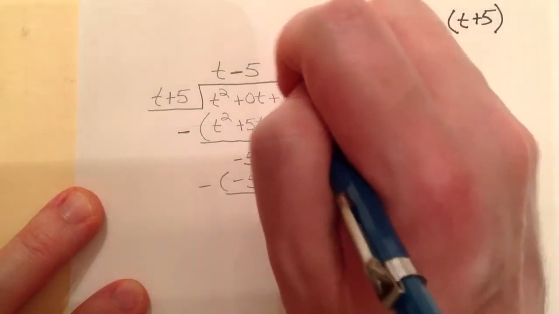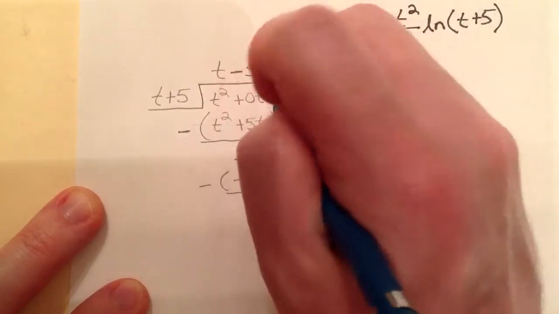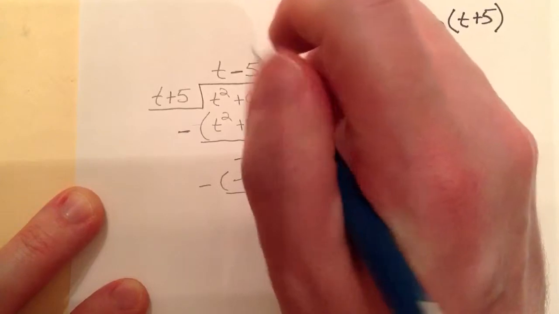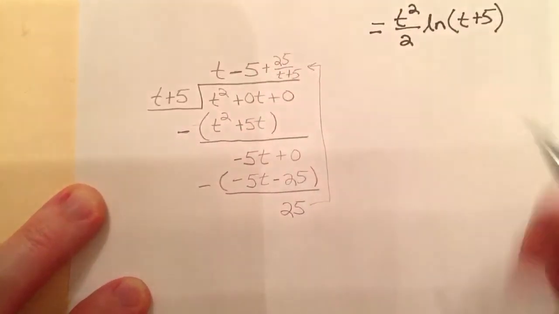And so we have, with the quotient and the remainder, t minus 5 plus 25 all over t plus 5.